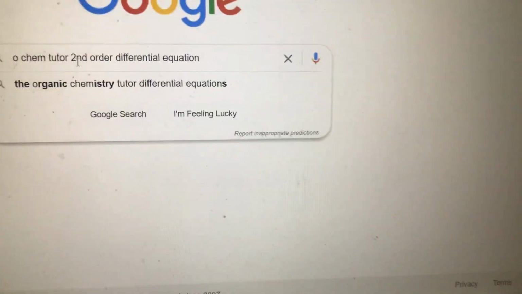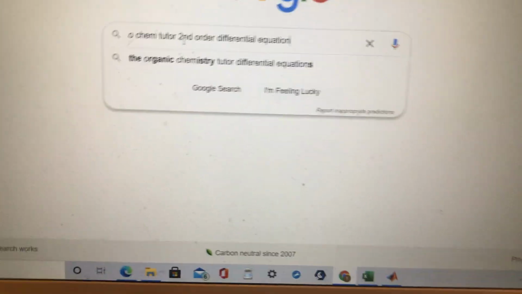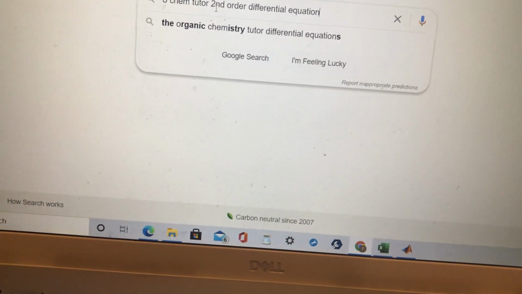a kinematic equation by setting it up as a second order differential equation.